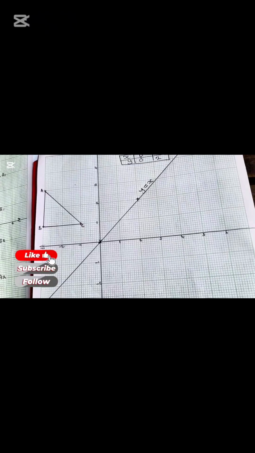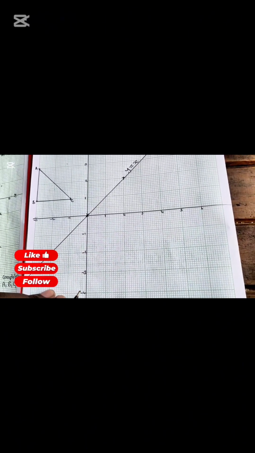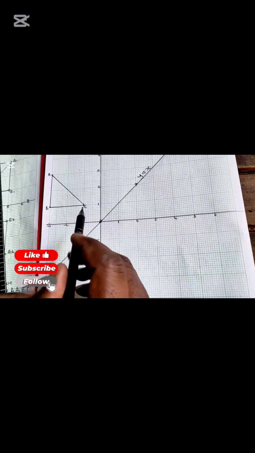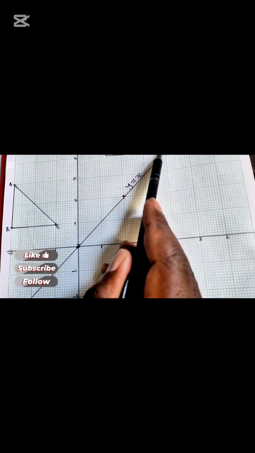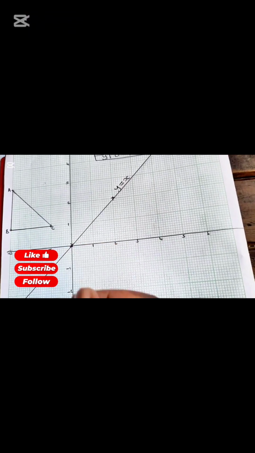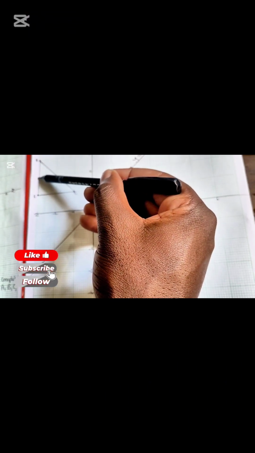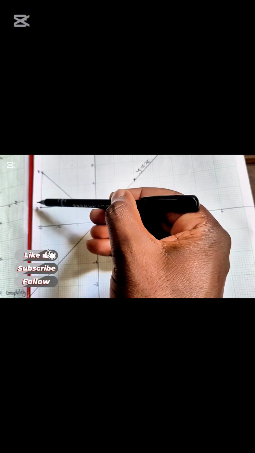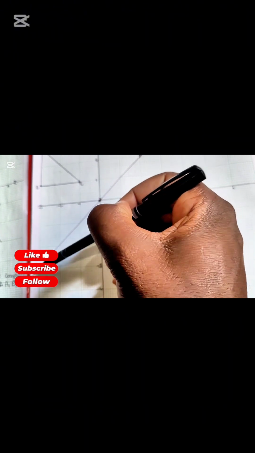Remember, image and pre-image meet at 90 degrees on the invariant line. So let's take point A to this invariant line. 1, 2, 3, 4, 5, 6 boxes.